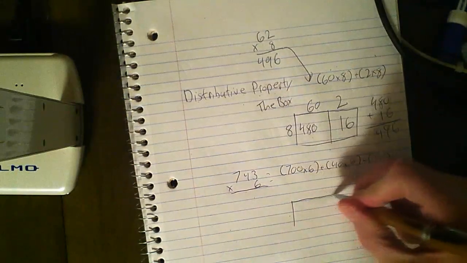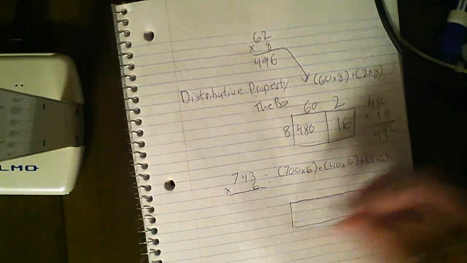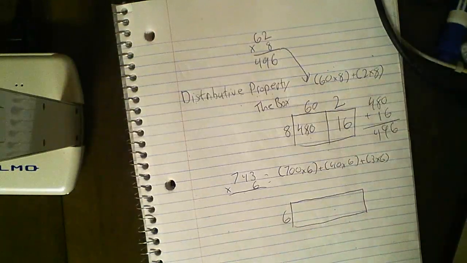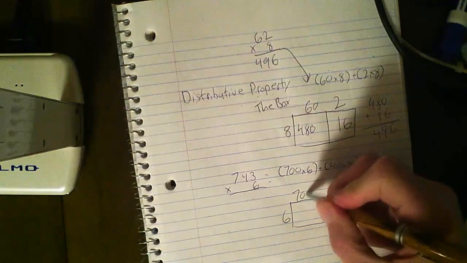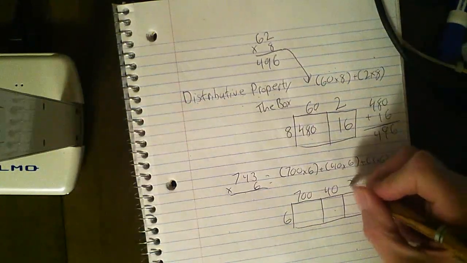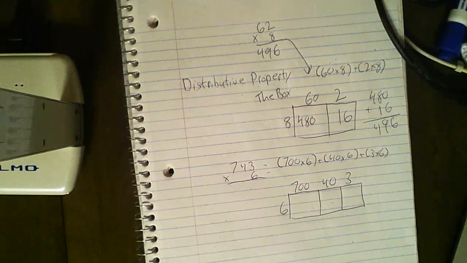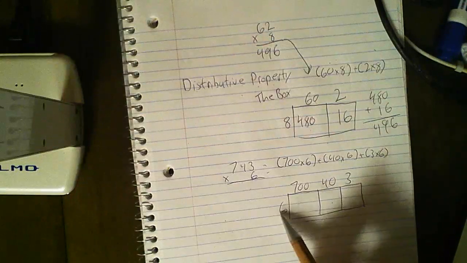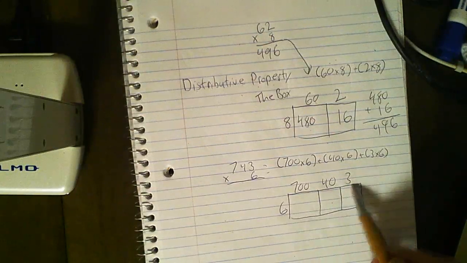Again, we call it the box. So we've got the width is 6 and the length is 743, but we split it up into its parts, 700, 40, and 3. And then we multiply each part by 6, right? 700 times 6, 40 times 6, 3 times 6.